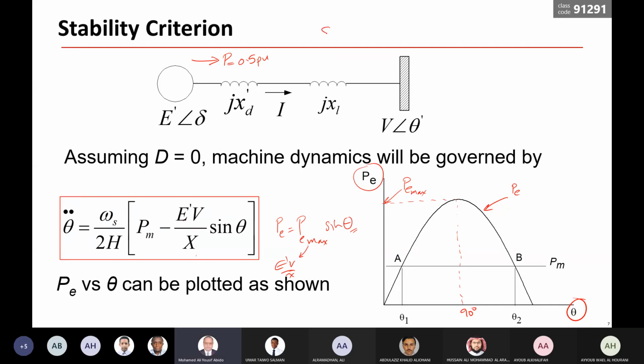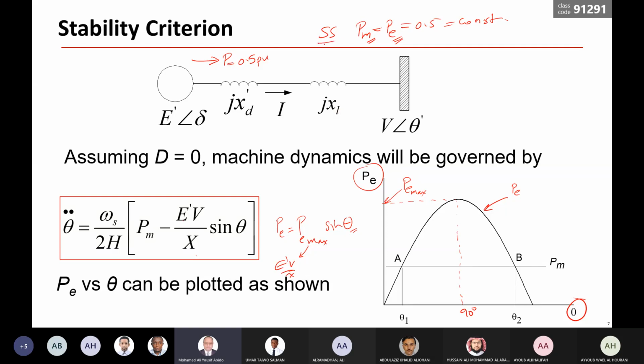So at steady state, P mechanical equals P electrical. Assume that the system is lossless. Therefore P mechanical equals 0.5. And as we mentioned last class, we will keep P mechanical constant. It doesn't change. What will change due to disturbance is P_E.